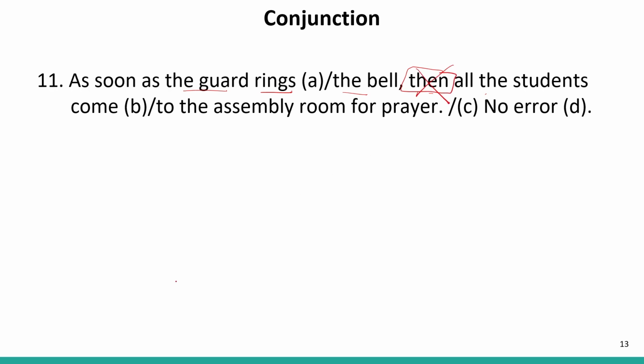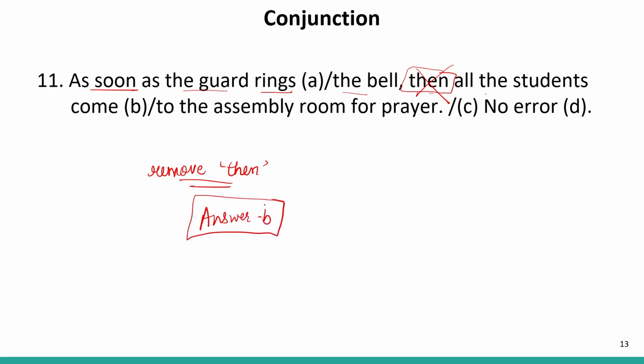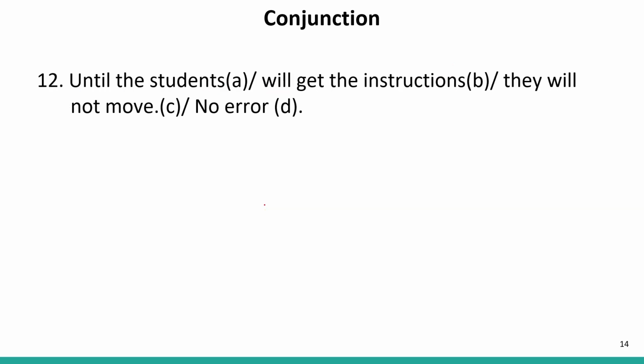It is an unnecessary pair. Therefore, remove then. As soon as is a single subordinate conjunction, and there is no need to pair it with any conjunction. So our answer is B. I hope you got it. Now let us move to the next question.